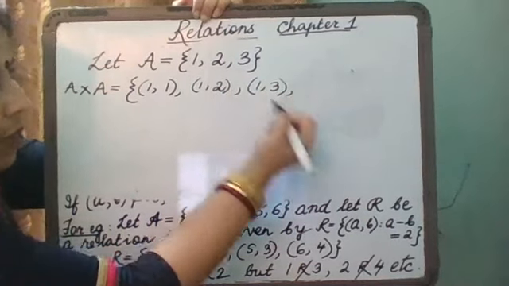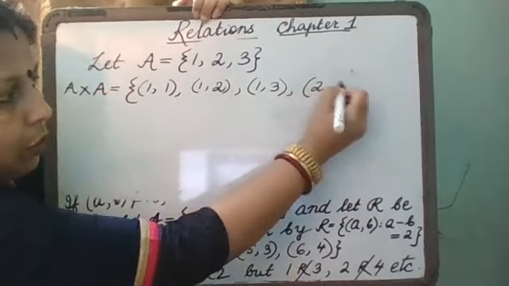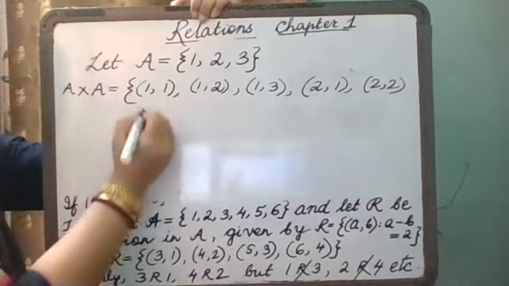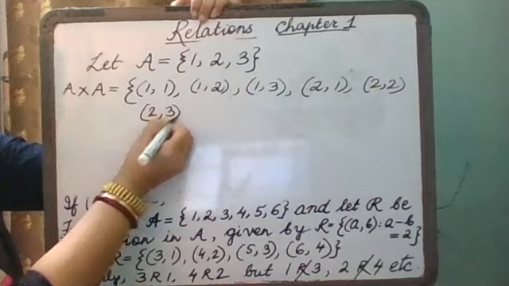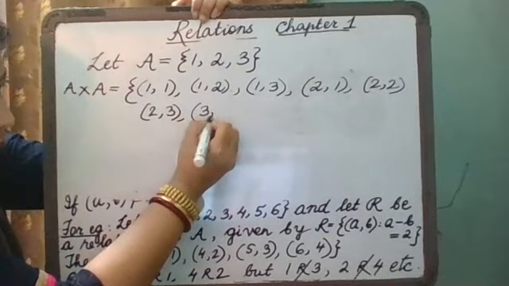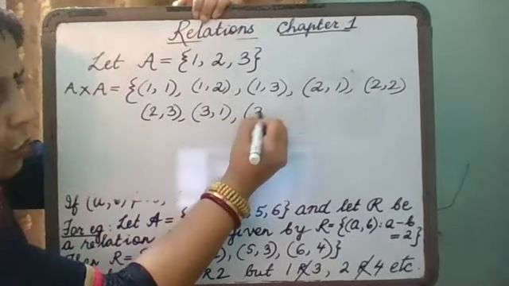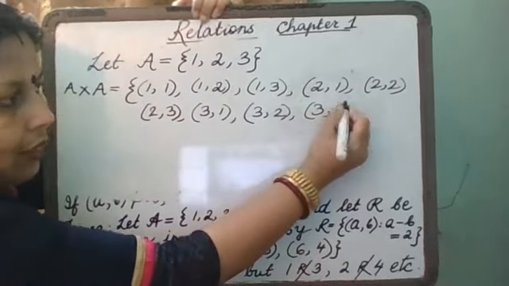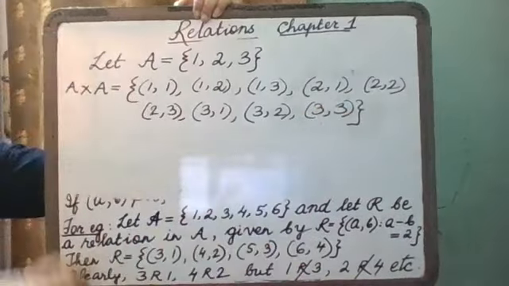The ordered pairs I am writing. Then beginning with 2: 2, 1, 2, 2, 2, 3. Then beginning with 3: 3, 1, 3, 2, and finally 3, 3. If you want, you can write the explanation. Later on, when you go through it, you can understand.